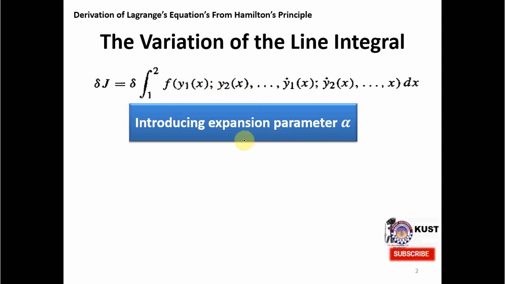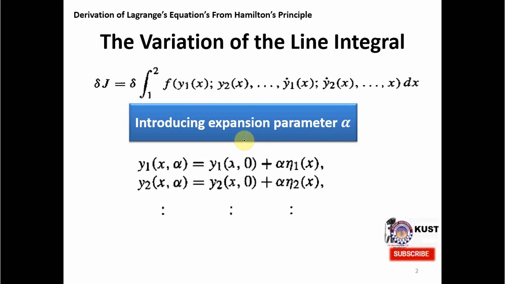Okay, so let's introduce an expansion parameter alpha here, and now you can see that any variable, for example the first variable y1, depends on the parameter x and also on alpha. Alpha is an expansion parameter. x is not an expansion parameter, but some physical parameter, but we have also included alpha to help us in expanding and calculating the variation order by order.